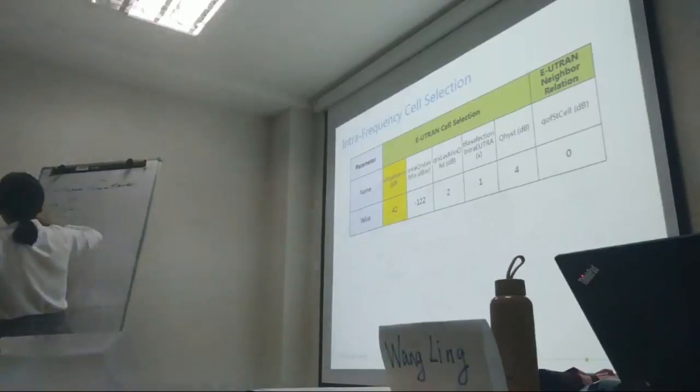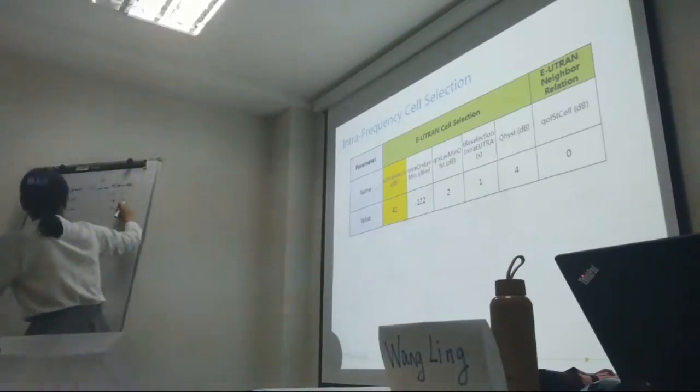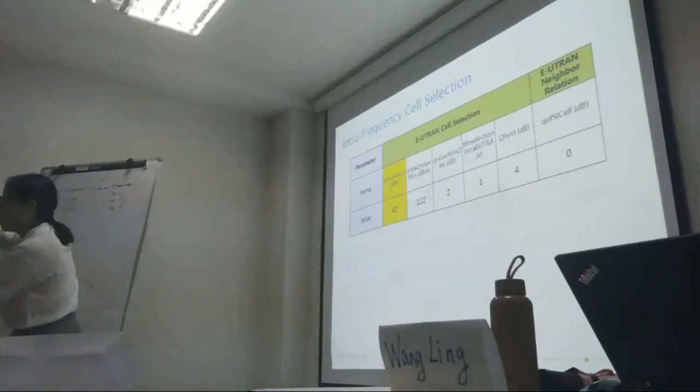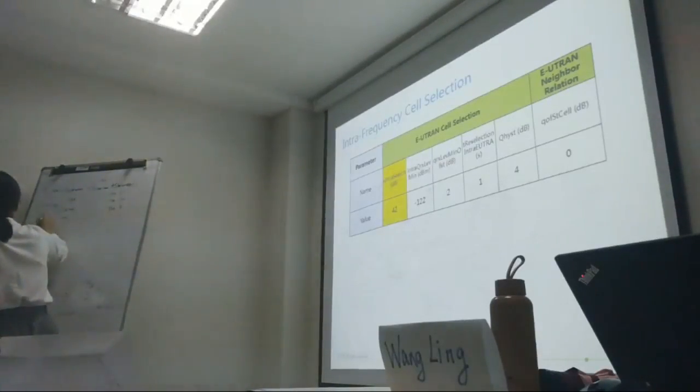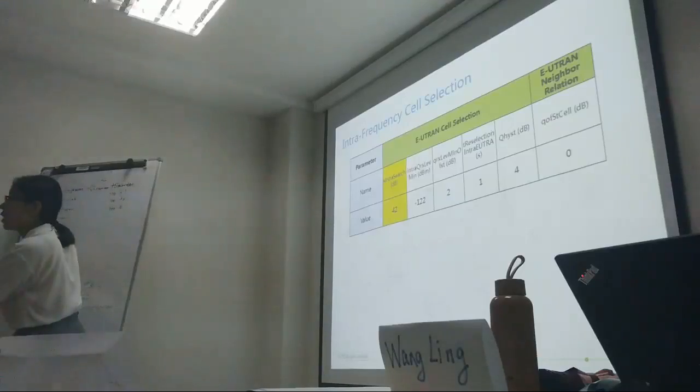For example, we have TDD frequency 1, TDD frequency 2, and the FDD frequency. You can give each a different priority value. This priority value is from 1 to 7, and if the value is bigger, the priority is higher.